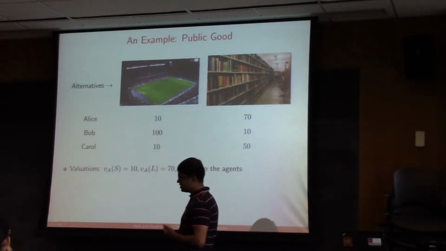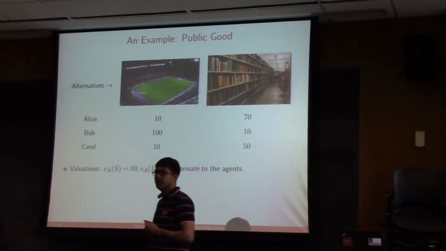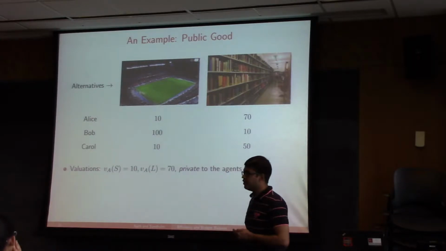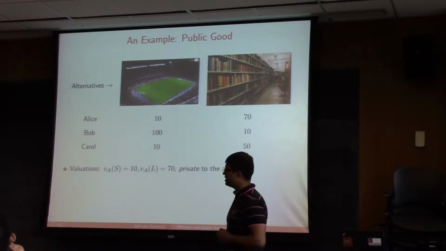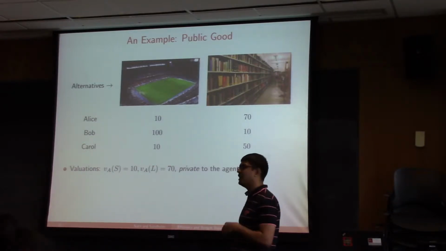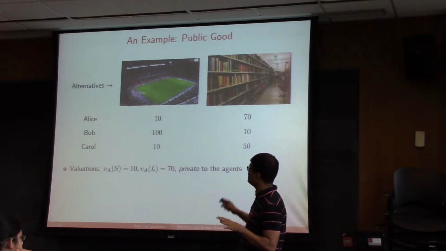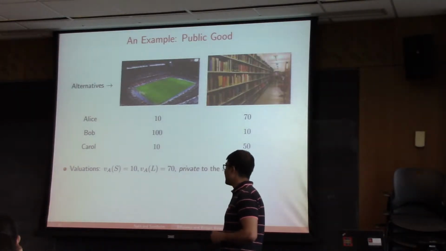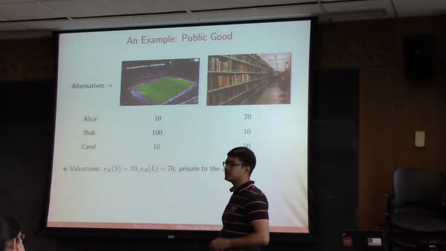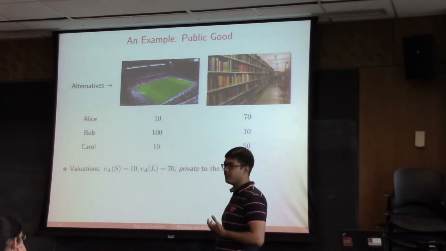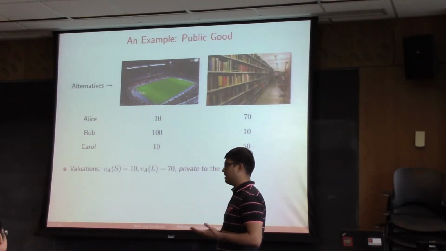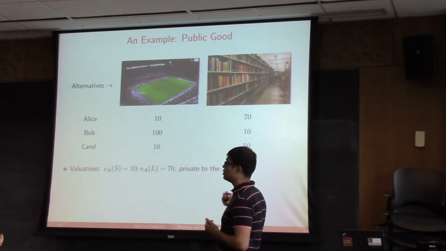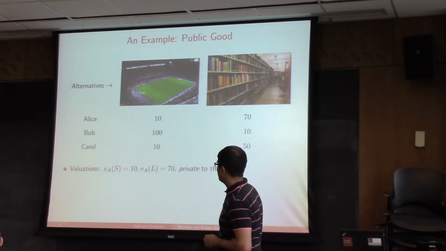So let's consider the following example. Suppose the city of Pittsburgh is trying to decide whether to build a soccer ground or a library, and, under a restricted assumption, suppose there are only 3 individuals in the city, Alice, Bob, and Carol, and these numbers reflect the amount of satisfaction or happiness that they get when each of these alternatives is chosen.